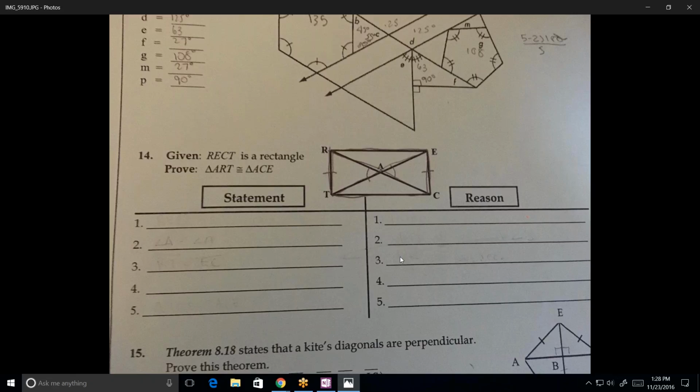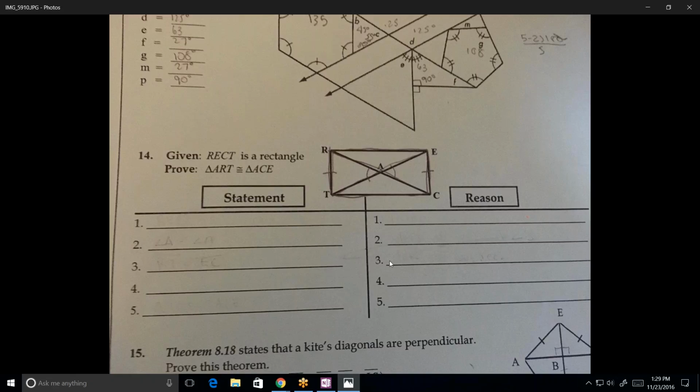Because remember that in every geometry book, those theorem numbers are different. There is no master geometry book where all these theorem numbers are the same. So the theorem number is not the important part to remember. There is no standard there. The important part to remember is the principle.